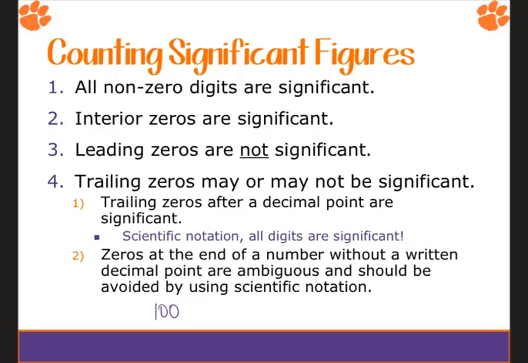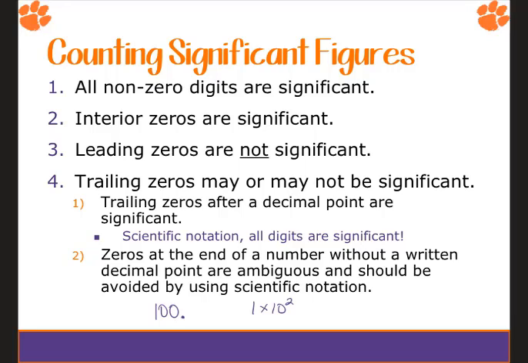So say I have the number 100. There's no decimal place in this number, so it's unclear whether or not these zeros are significant. A way to fix that is to put a decimal place behind the 100, if you do indeed mean for all 3 of those numbers to be significant. The other way is to write it in scientific notation.